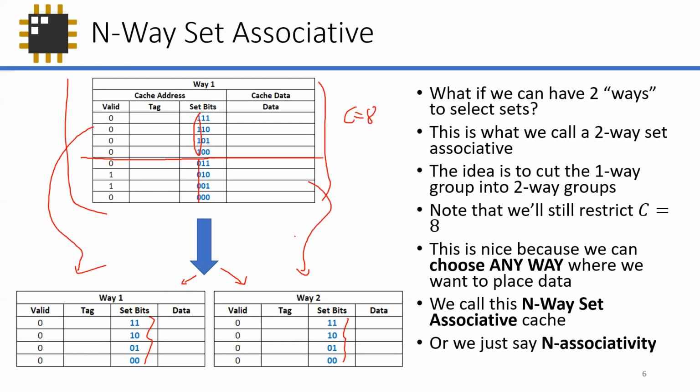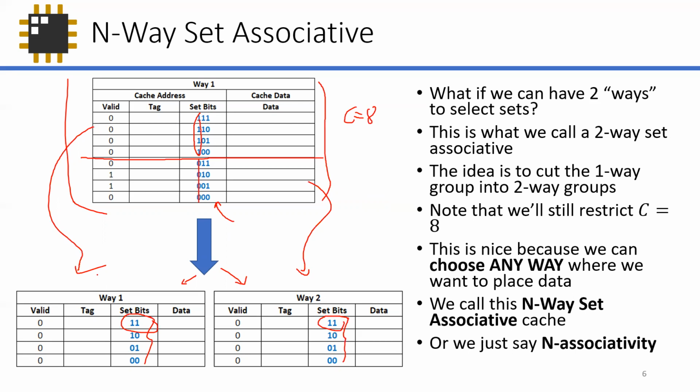It doesn't really matter. But the idea is that instead of having just one cache, well, it's still one cache, right? But instead of having one cache, you have two caches wherein you can actually access the same set bits, right? This way, as you see later on, we can write in any way we want to put the data.